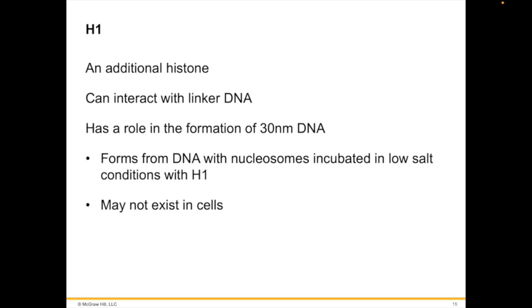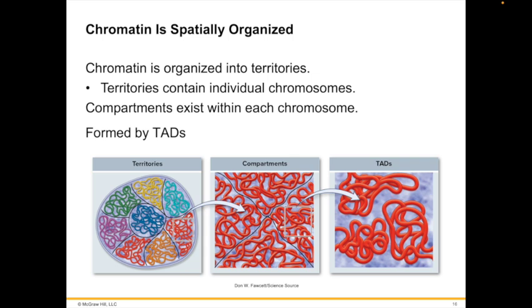This so-called 30 nanometer fiber is formed by either coiling into a spiral called a solenoid or forming a zigzag structure with the same diameter. The 30 nanometer fiber was long considered the usual state of chromatin in non-dividing cells, but there is little actual evidence that this fiber exists in cells.